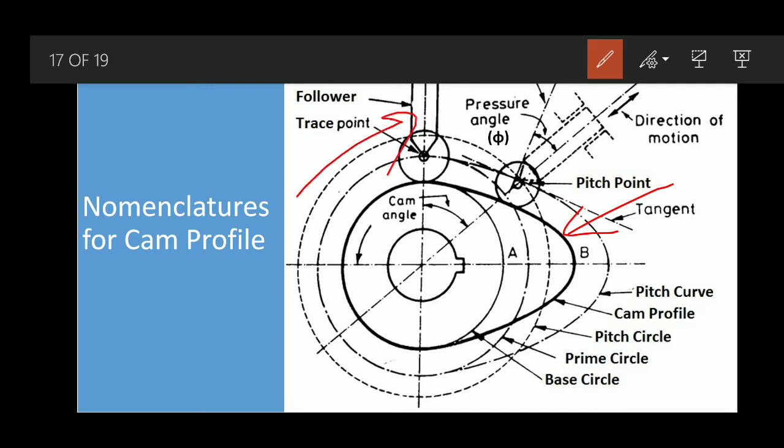Now, the cam is continuously rotating, so there will be some portion from here to here. It's a kind of constant radius curve. During that course of time, even though the cam is rotating, the follower will remain at the same position, whatever the previous position was.